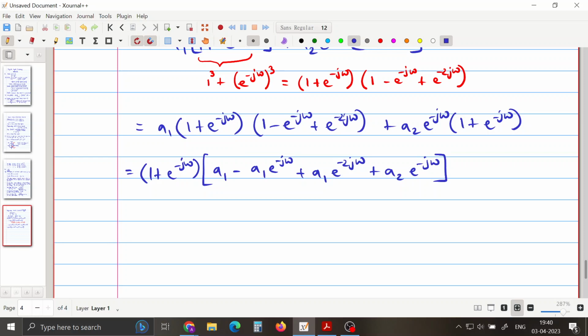Okay, so you see it's already a bit lengthy process, but anyways, let's see where we go. So this is this, and use the cos theta plus j sin theta formula.